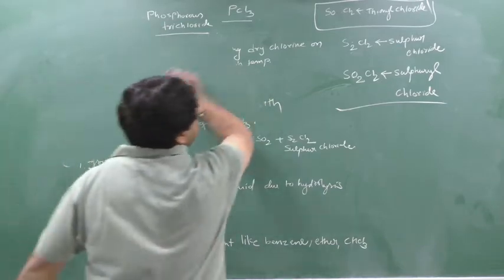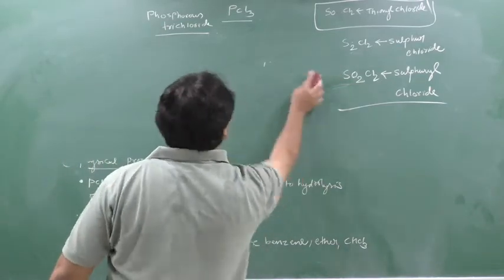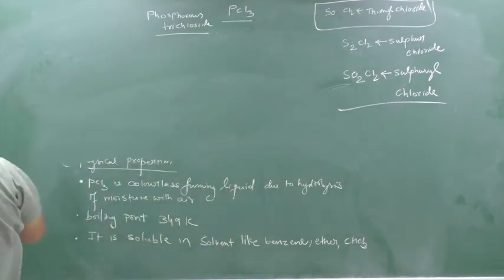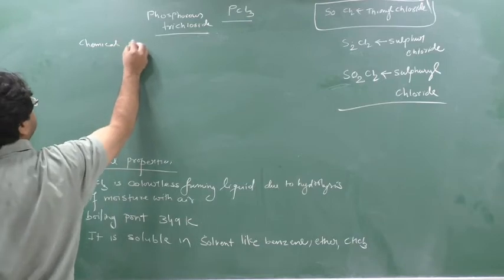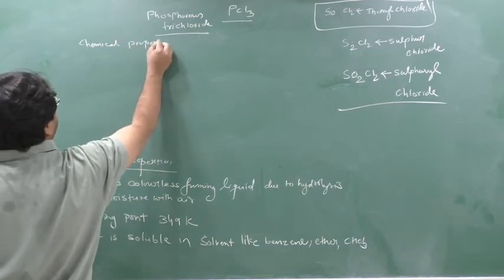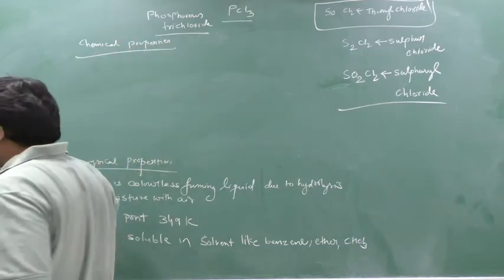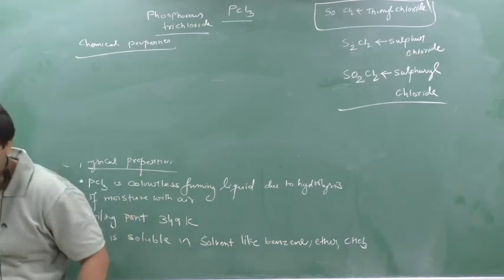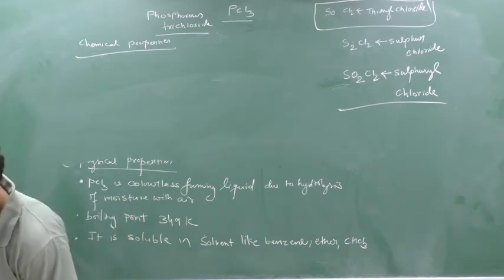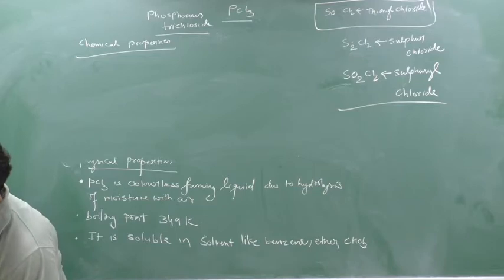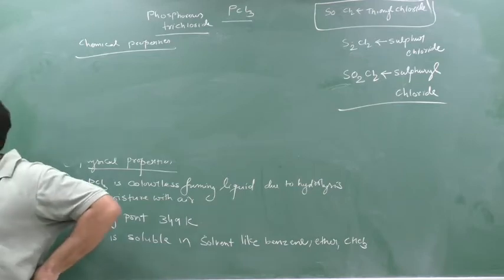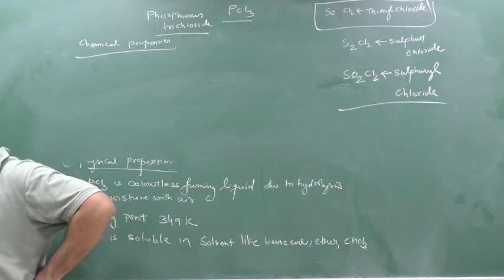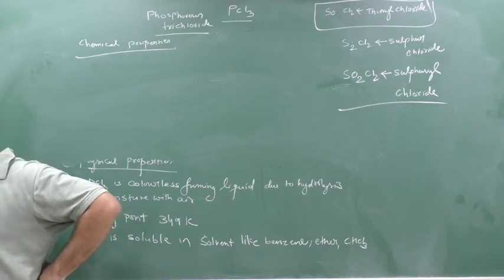So first chemical property is this only. Write down chemical properties. When PCl3 comes in contact with moisture present in the air, it starts to form fumes.